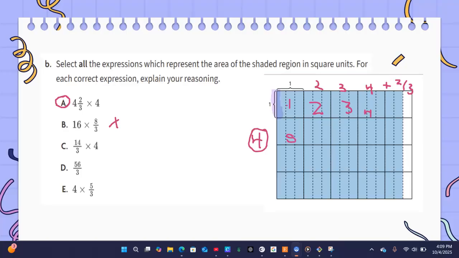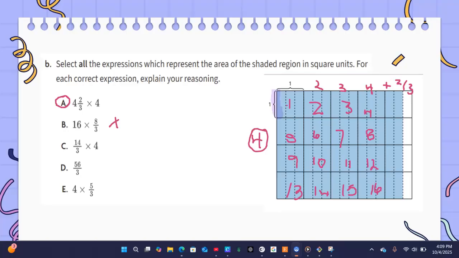I'm just double checking my work. This is 6, 7, 8, 9, 10, 11, 12, 13, 14, 15, and 16. Okay, so I can see where they came up with 16, but it's not times.